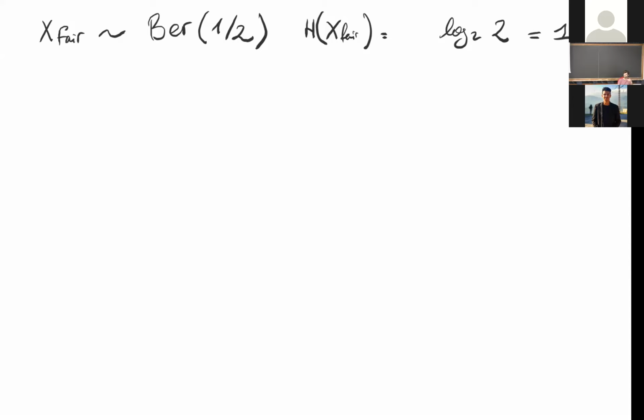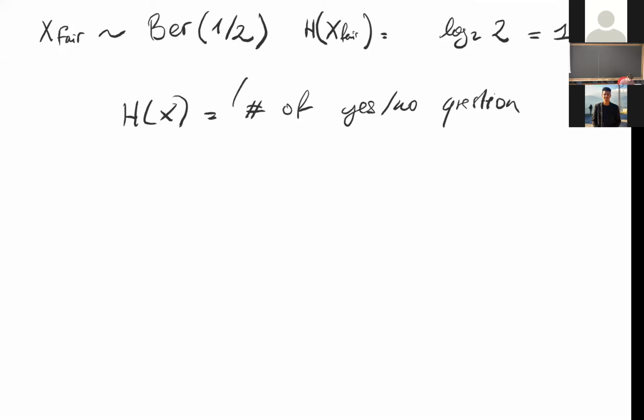Or said equivalently, if you observe the outcome of a random variable X with an entropy H of X, it is the expected number of yes-no questions answered by the outcome of X.